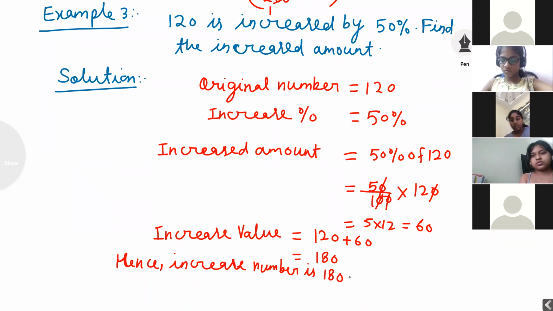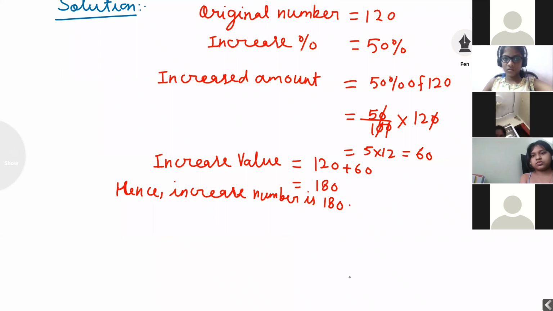Students, always keep in mind: when you are finding an increased value, we want to add. If we want to find a decreased value, we want to subtract. Keep these two concepts in mind. Got it?